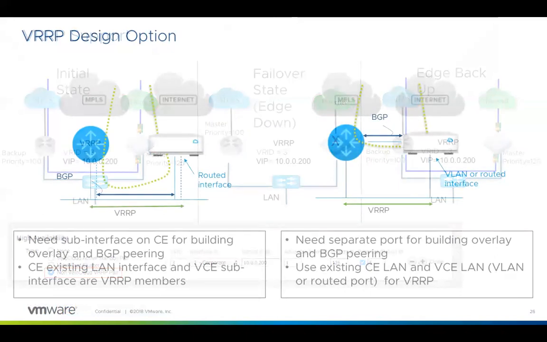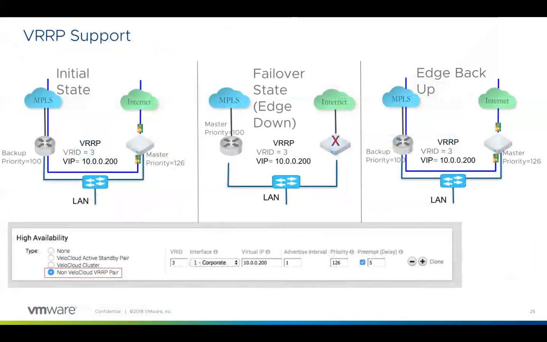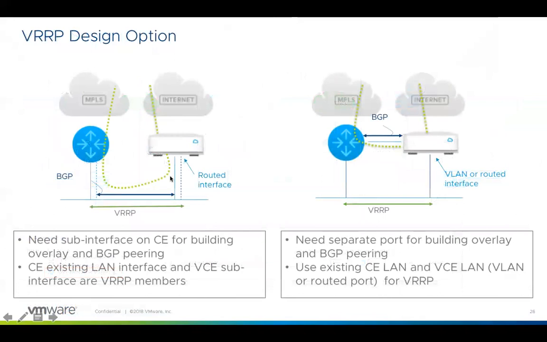There's one thing to note though. Even in the last slide, we drew the connectivity for the MPLS overlay tunnel across the LAN. This is not recommended. What I mean is you want a separate interface to establish the overlay across MPLS when you have this insertion topology. If you have to establish the overlay across MPLS from the same routing interface that's running VRP, you would have to use a different sub-interface.